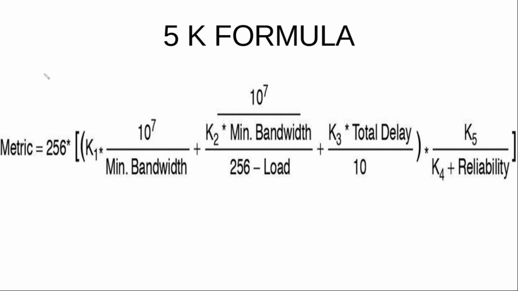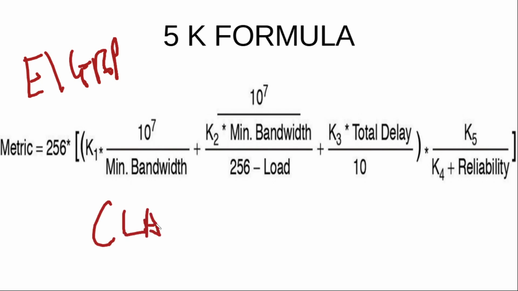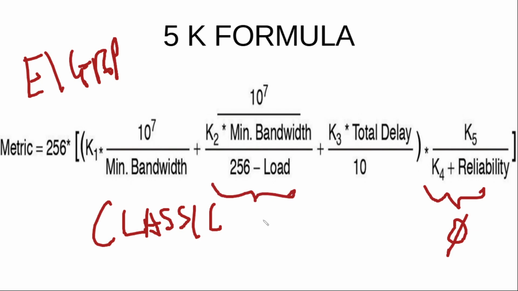Now let's go for EIGRP formulas to calculate the metric. This is the classic. You should actually memorize this for the exam. However, in real life scenarios, this becomes 0 because K4 and K5 are 0, K2 is 0.